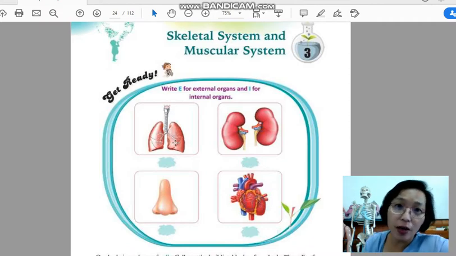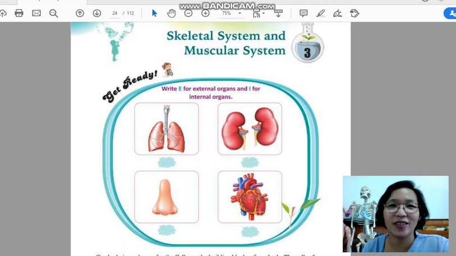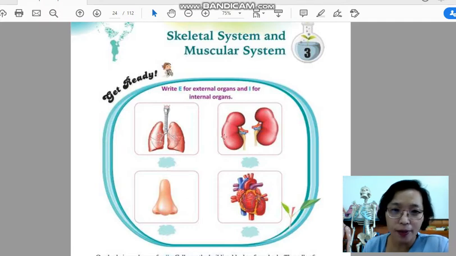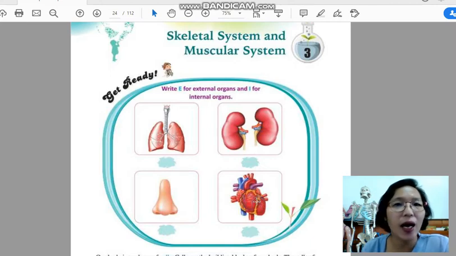Can you see your lung, your kidney, and your heart clearly with your naked eye? Of course not. Which means these organs, lung, kidney, and heart, are inside your body and we call them internal organs.